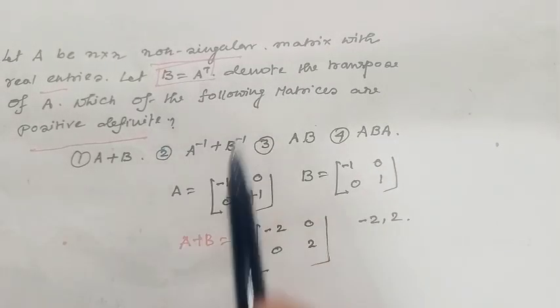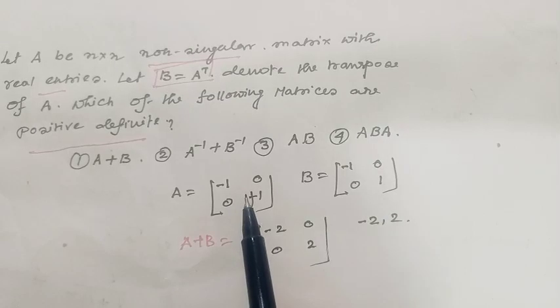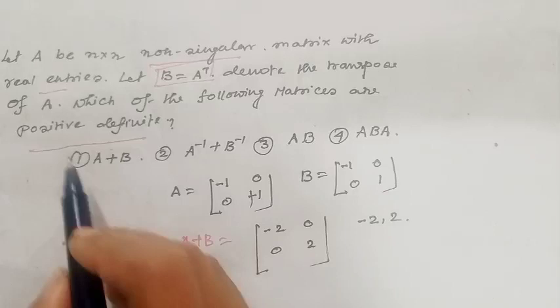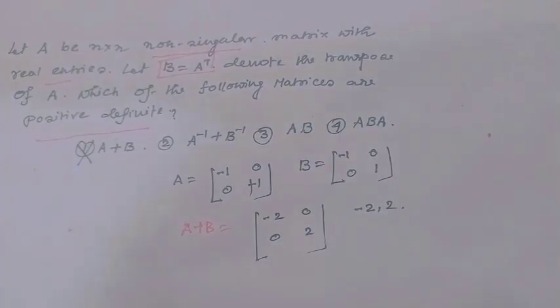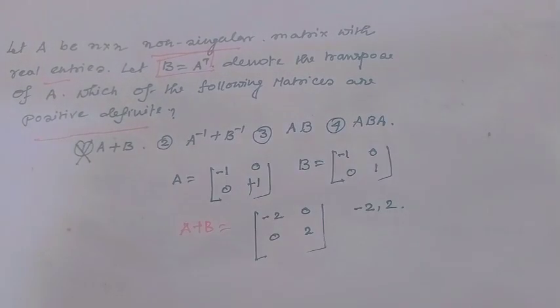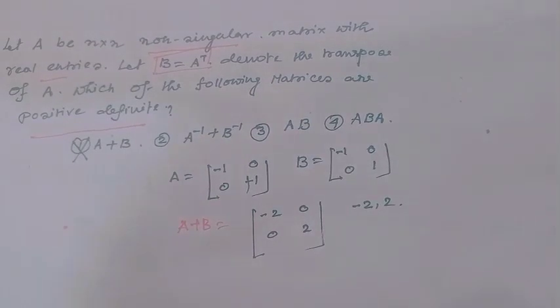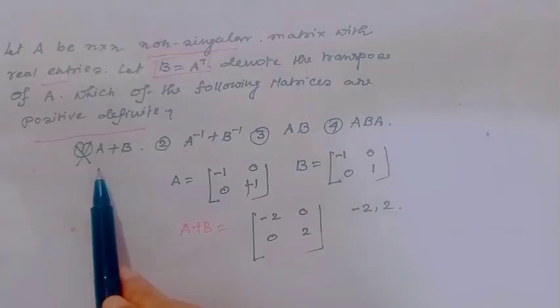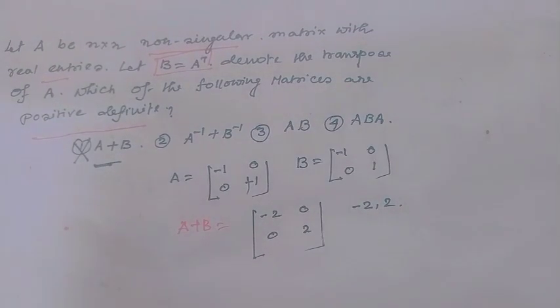Notice A is a non-singular matrix and B equals A transpose, but A plus B is not positive definite. So option 1 is a wrong option. Just recall, in the previous question A and B were both positive definite matrices, then A plus B is positive definite. Otherwise this is not possible. When they are both positive definite, then their sum is always positive definite.